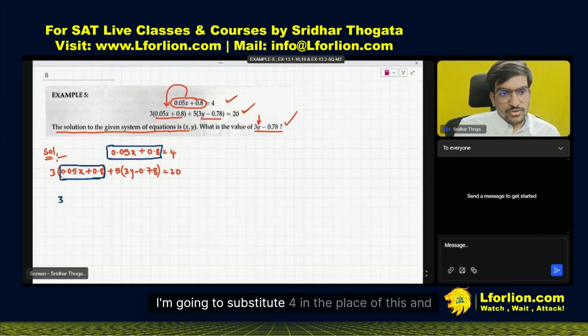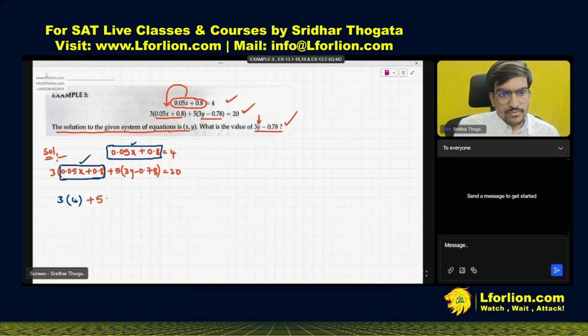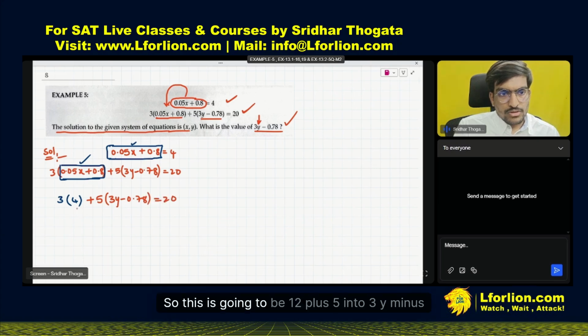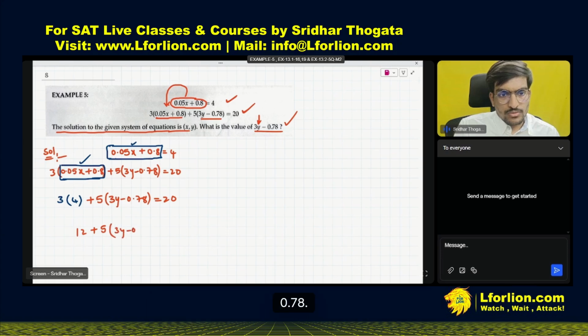I'm going to substitute 4 in the place of this, and I'll continue with equation 2, plus 5 into 3y minus 0.78, that equals 20. So this is going to be 12 plus 5 into 3y minus 0.78, that equals 20.